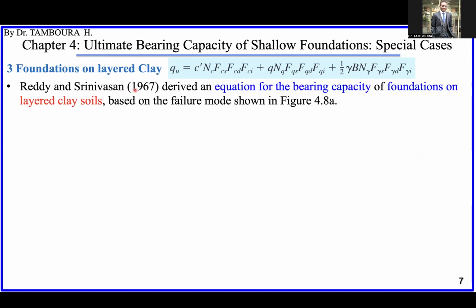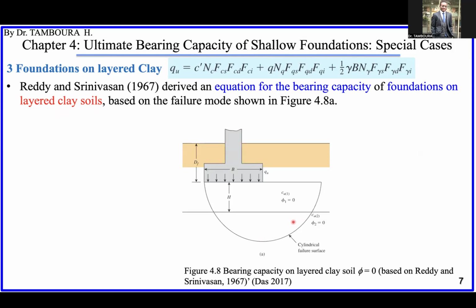This reference derived an equation for the bearing capacity of a foundation on layered clay soil based on this failure. This figure illustrates at least two soil layers. You can see the top layer and the bottom layer here.